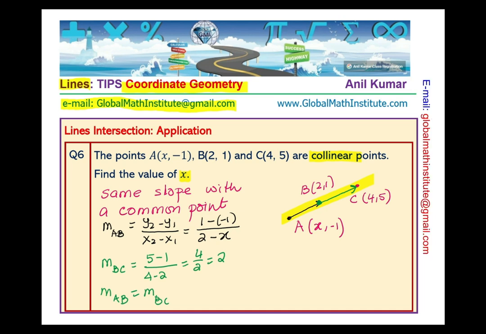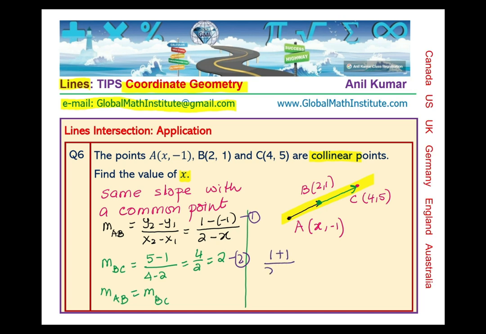So x is the only unknown in our equation to figure out. So we'll write down our equation here as, from here 1, and this is our equation 2, they should be equal, right? So we have 1 plus 1, right? Minus or minus becomes plus, over 2 minus x equals 2. So that is what we need to simplify, correct?